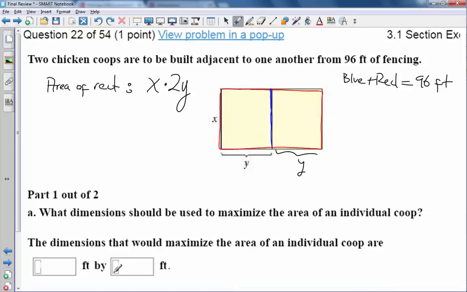Okay, can I call this shortly A? So you have a function A with, unfortunately, two variables, guys, which is not acceptable in this course. 2xy.